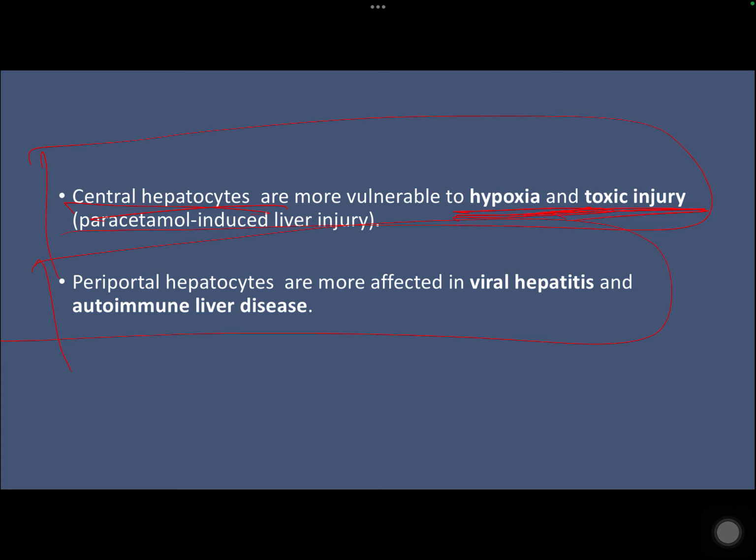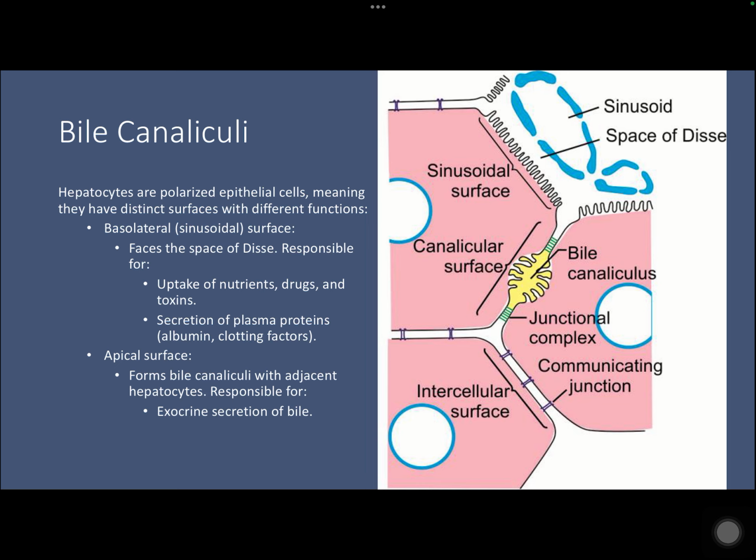In conditions like hypoxia and toxic injury, such as paracetamol-induced liver injury, the central hepatocytes get more damaged. But if we have viral hepatitis or autoimmune liver disease, periportal hepatocytes are the ones more affected.